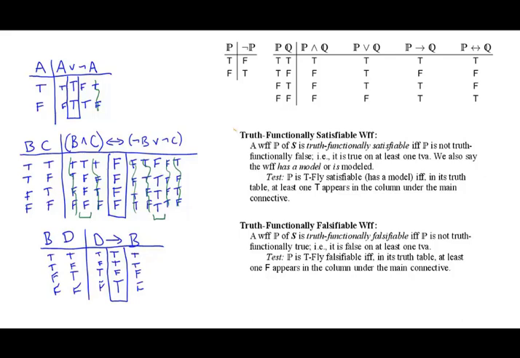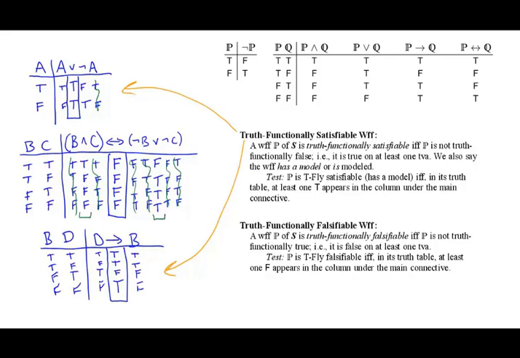So it's actually the case that both the first and the third examples here are truth functionally satisfiable. Neither of them is truth functionally false. They each have at least one T in the column under the main connective in their truth table. The notion here is basically that it can be true.